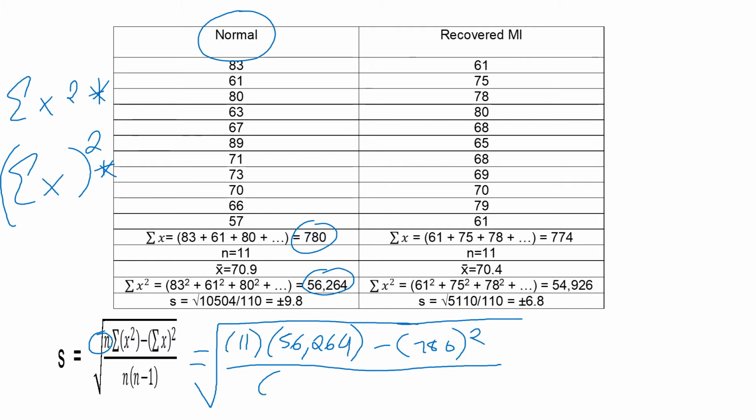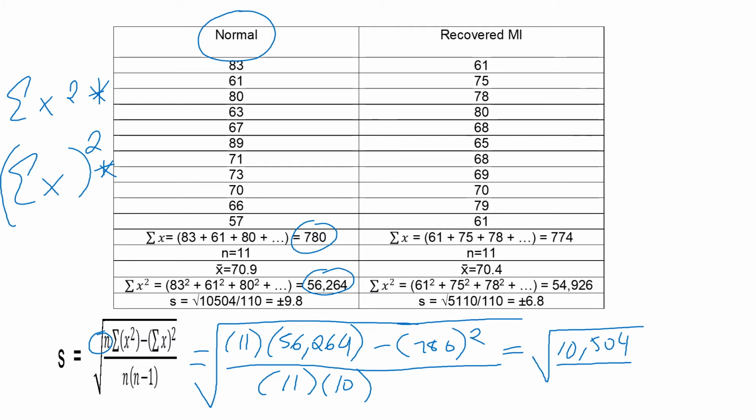N down here is 11, one more time, and then n minus 1 should give me 10. Let's calculate it together. You would take 11 multiplied by 56,000, then subtract the 780 squared. That should give you the following.